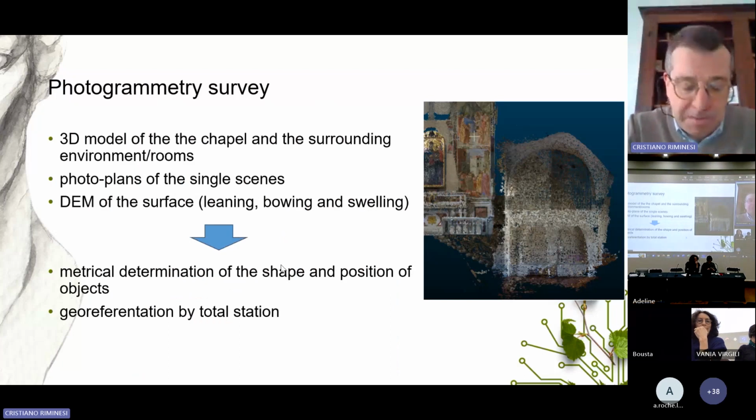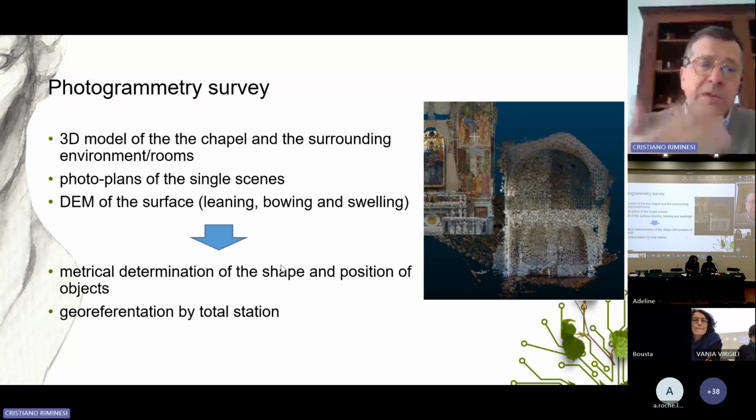For this, we need to realize a 3D model. This 3D model has been realized by a photogrammetric photographic survey, and from this model we can derive the photo planes of the single scene, and also the digital elevation model to understand the size of this swelling and bowing.